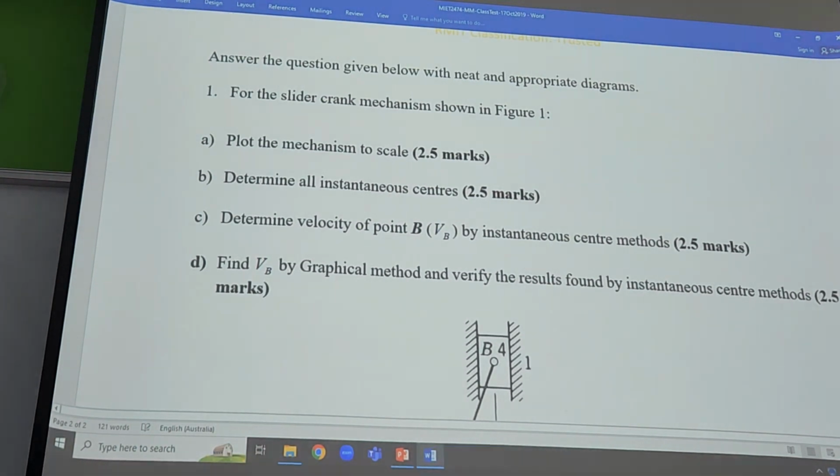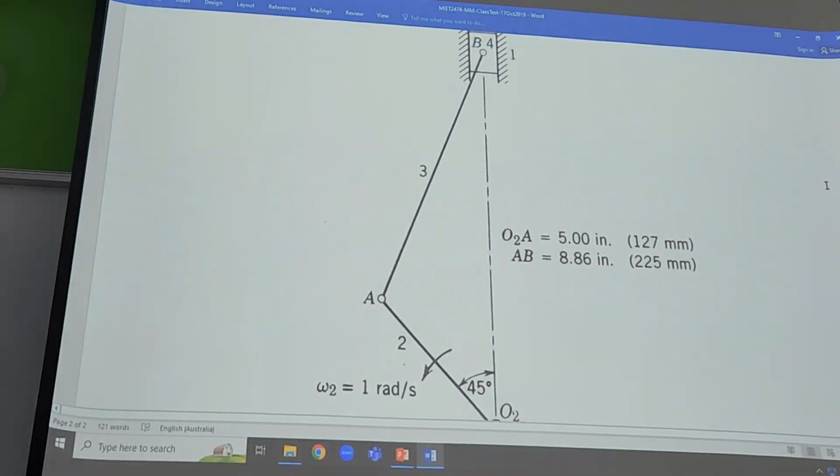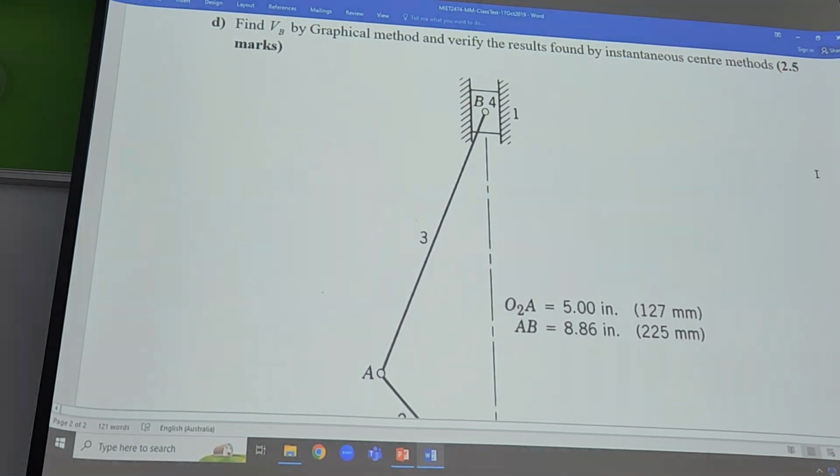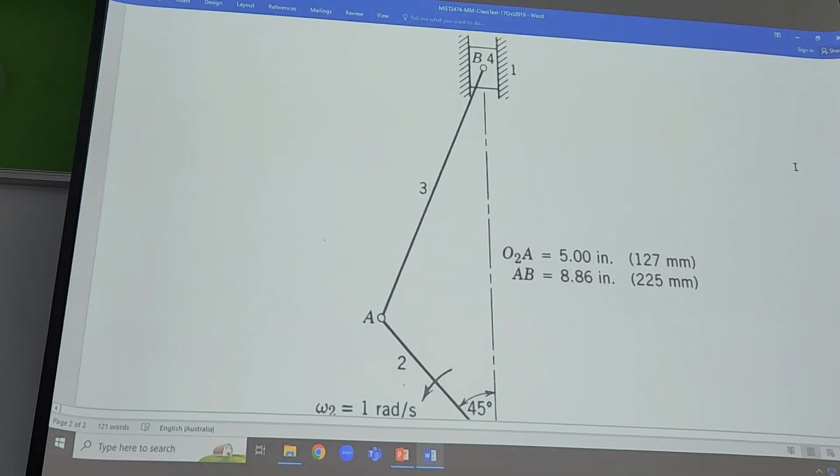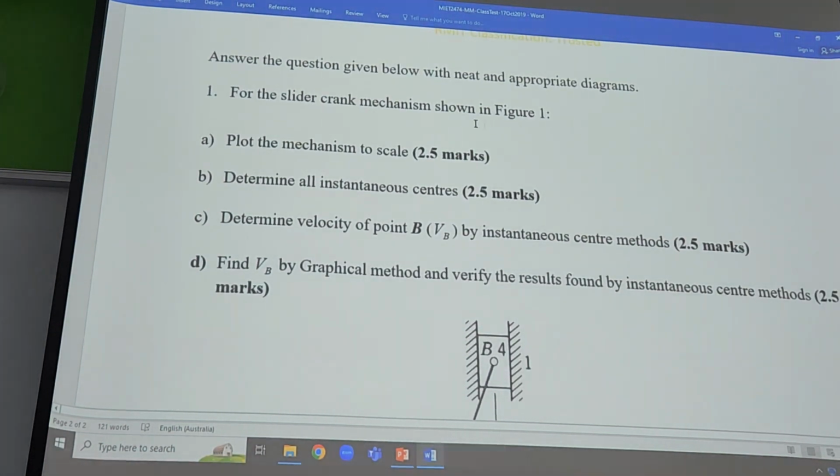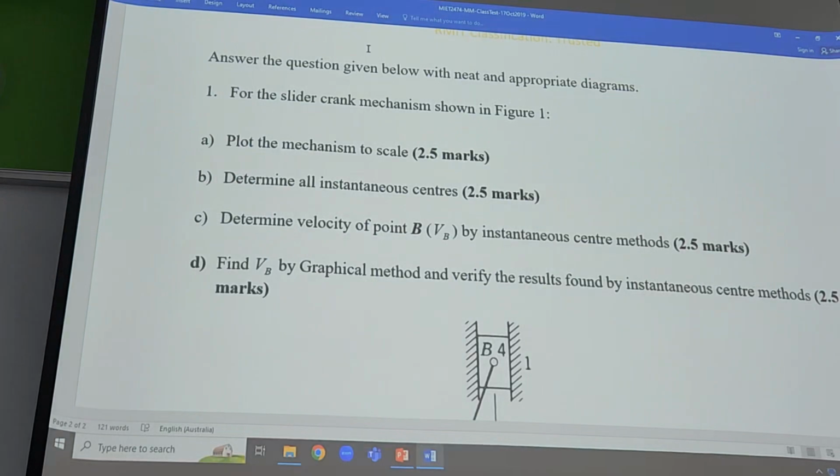Sunday one is the assignment handout. You will be given a class test, a mechanism something like this, and you need to plot the mechanism to scale. You may note down the questions. Plot the mechanism to scale, then determine all instantaneous centers.